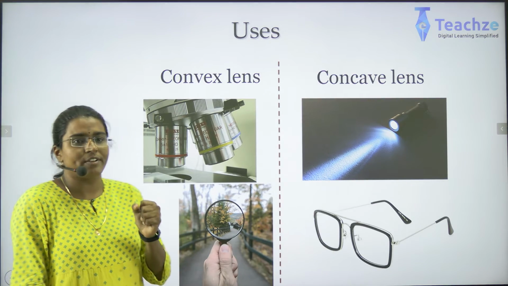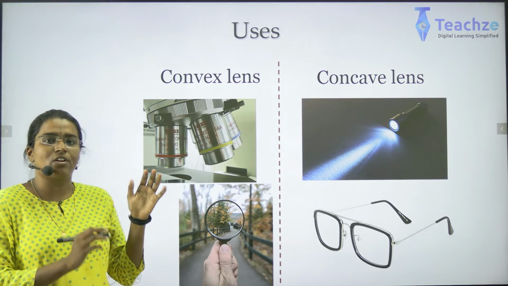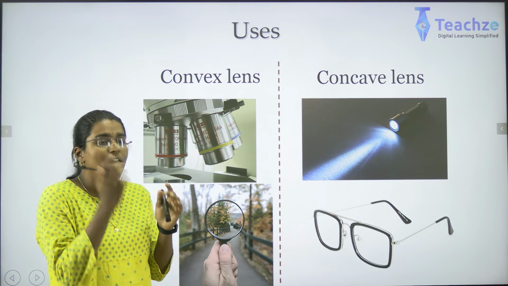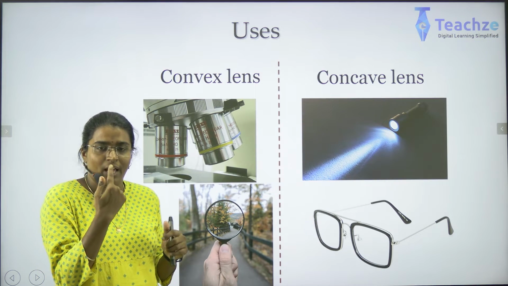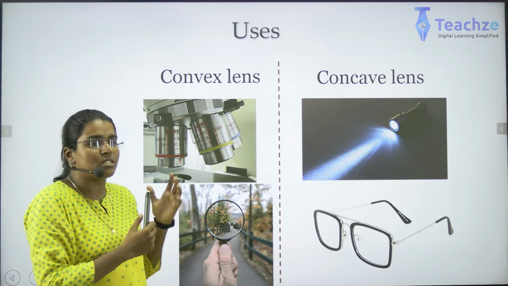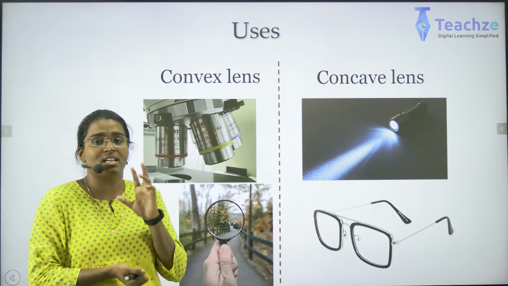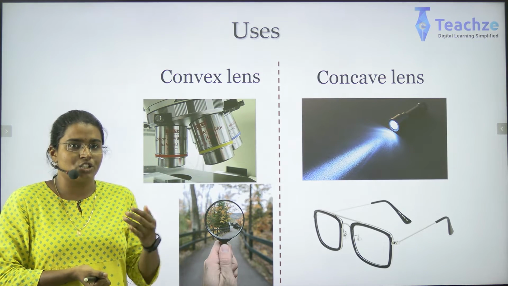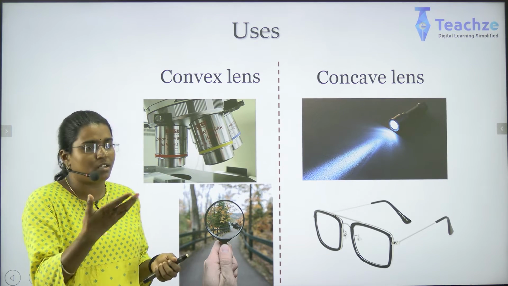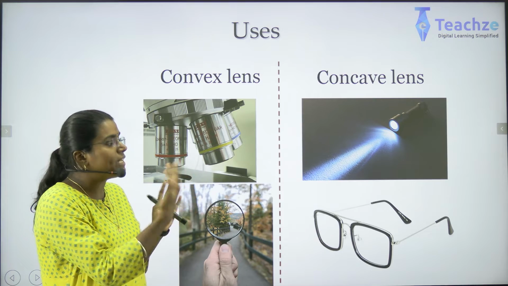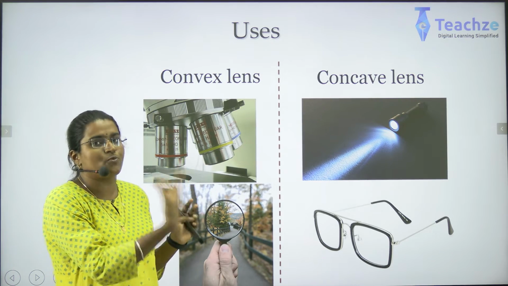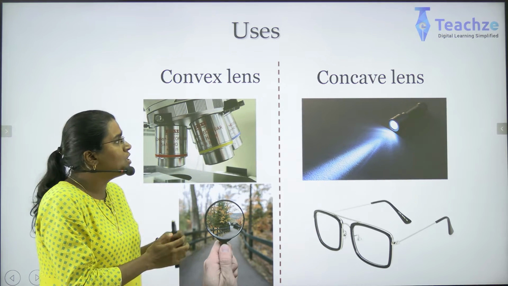We'll now see the uses of concave and convex lenses. These lenses are used in correcting the vision of your eye, usually the far-sightedness and short-sightedness defects. We'll see in the next chapter which lens is used for which defect.